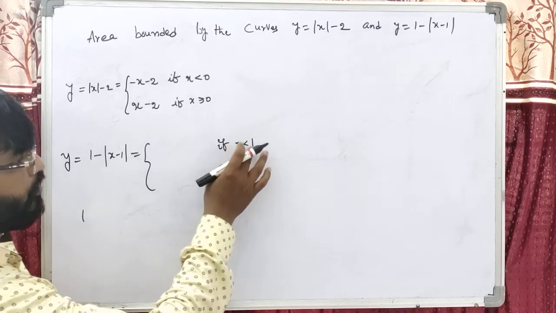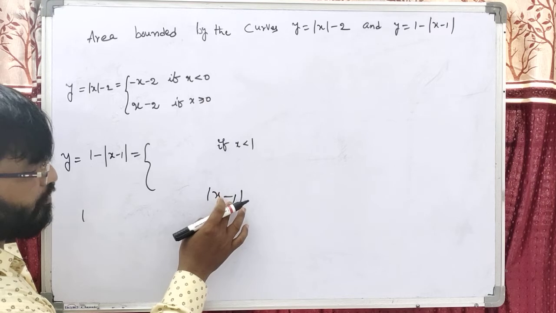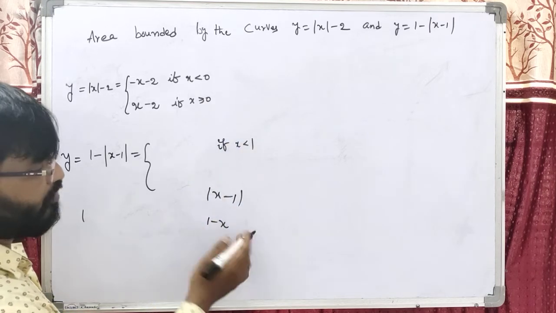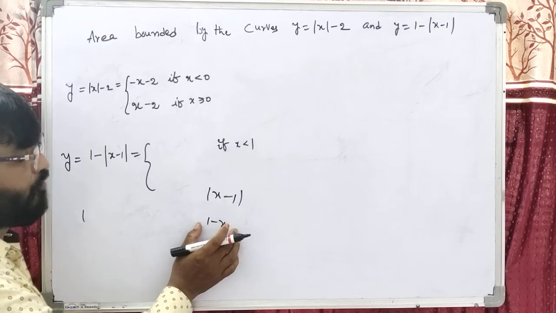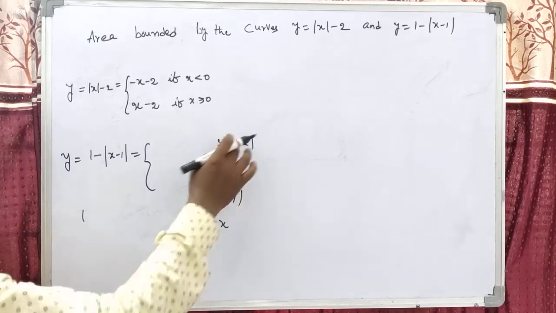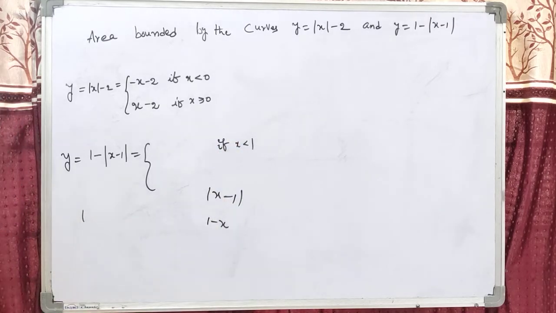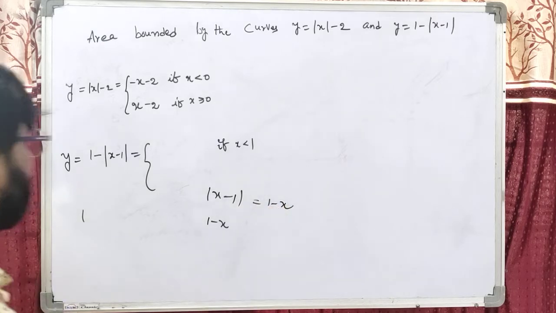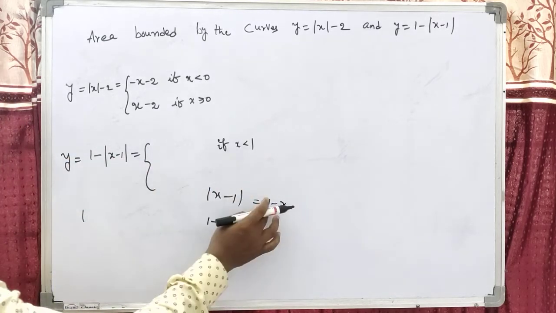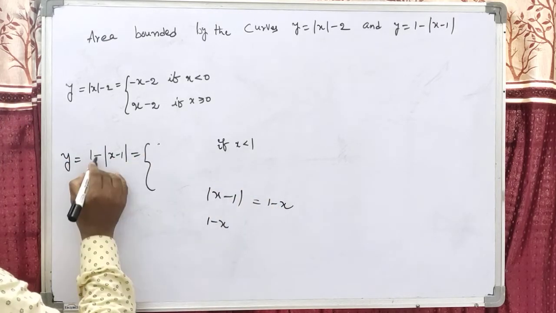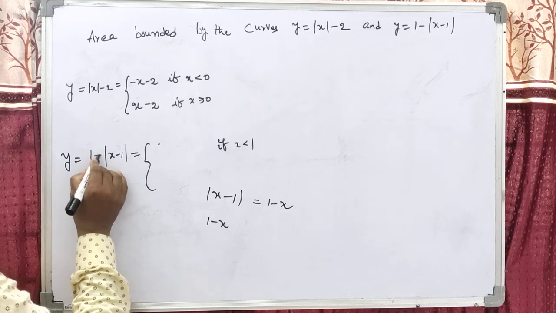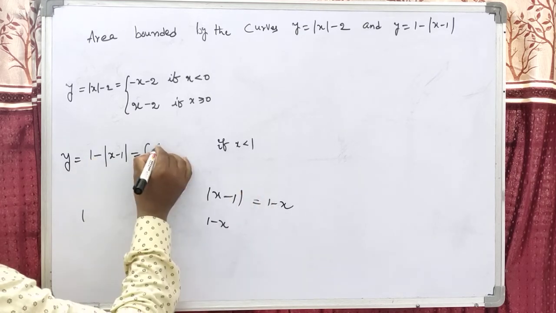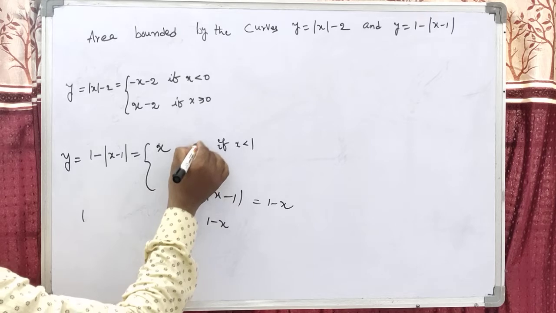Since x is less than 1, say 0, that is a minus inside; if you substitute any value, the mod is positive. For example, 0 minus 1, mod of minus 1, plus 1. Therefore, students, this is 1 minus x. The 1 cancels. Minus of minus x is plus x.